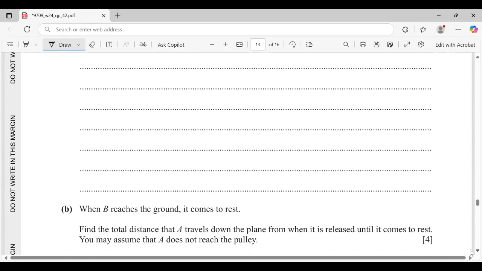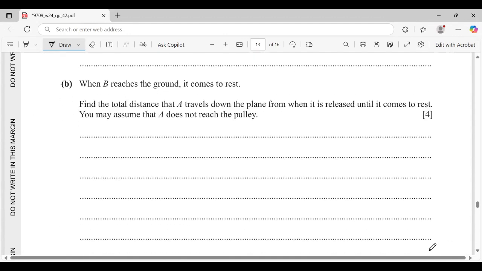Let's continue to question B. When B reaches the ground, it comes to rest, which means the velocity becomes zero. Find the total distance that it travels down the plane from when it is released until it comes to rest. You may assume that A does not reach the valley. First, I would like to find v squared, the velocity, based on the kinematic equation: v squared equals u squared plus 2as.